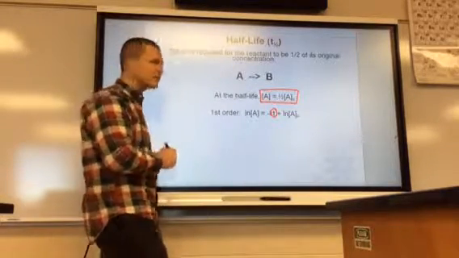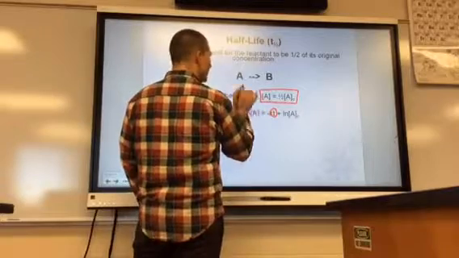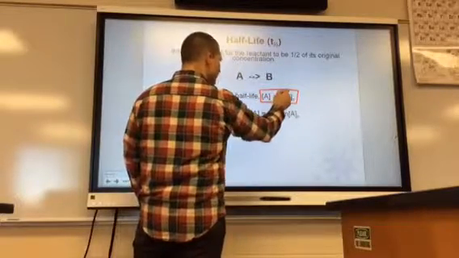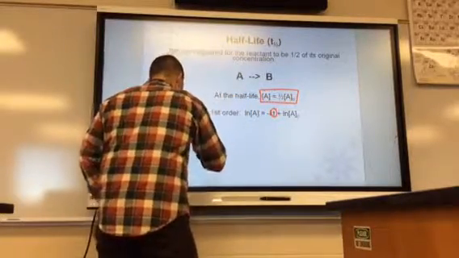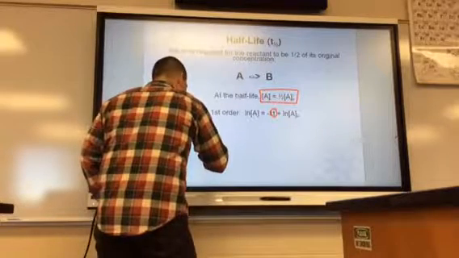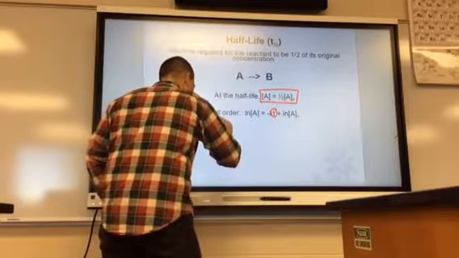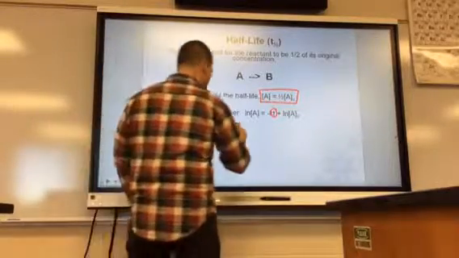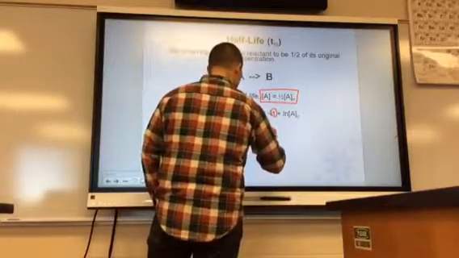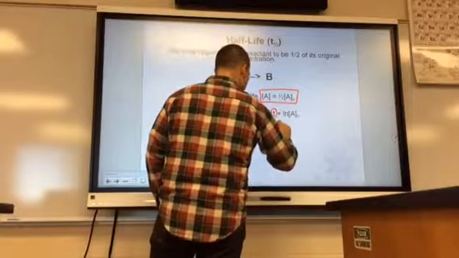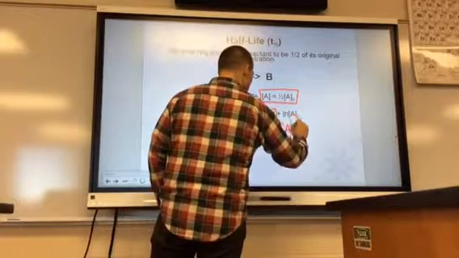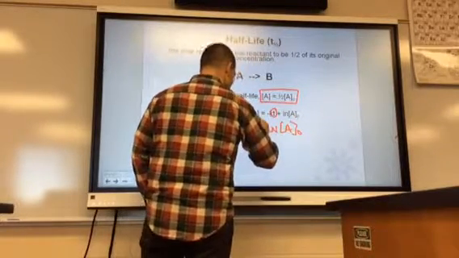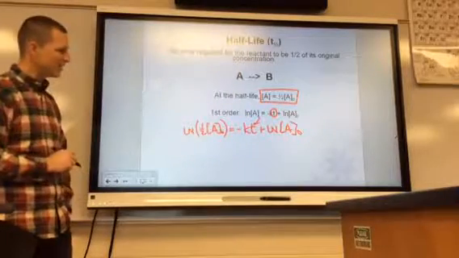So let's plug in. The natural log of A, if we're at the half-life, A is the same thing as 1/2 A0. So that means ln of 1/2 A0 equals negative kt plus ln of A0. And we're solving again for t. We want to try to get that by itself.